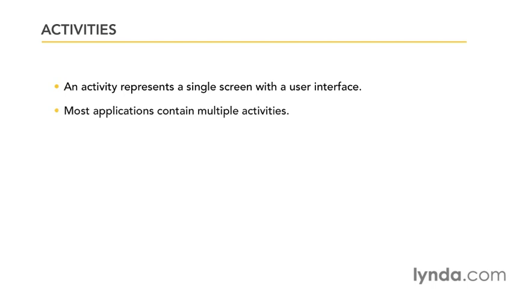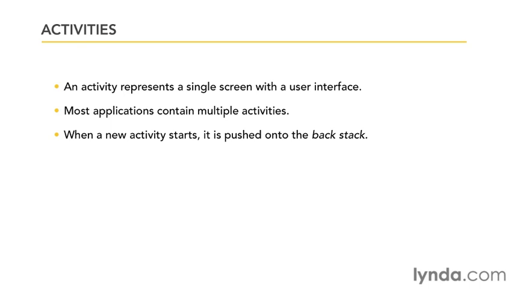Now, most applications obviously contain multiple activities. They don't have to, but generally speaking, there's going to be more than one activity in an application. When a new activity starts, it's pushed onto what is called the backstack. Let's say I have an application, and the first screen that the user sees, they click something to launch another activity. That initial activity is paused, and the new activity is brought to the front over top of it.